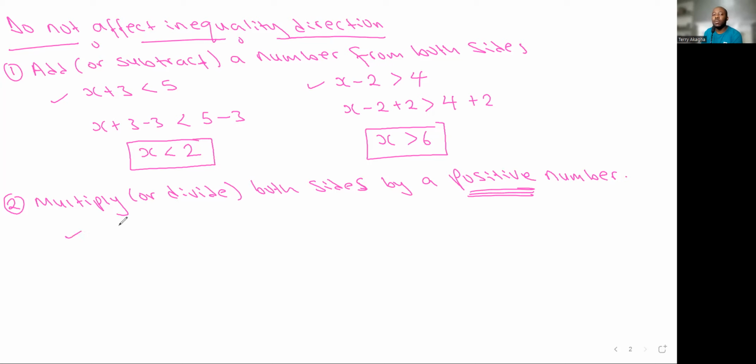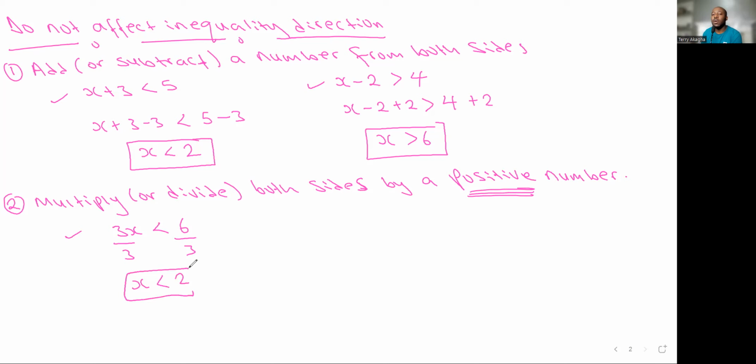So let's assume we have 3x is less than 6. We're going to divide both sides by 3. Are you seeing it? And that will give us x is less than 2.